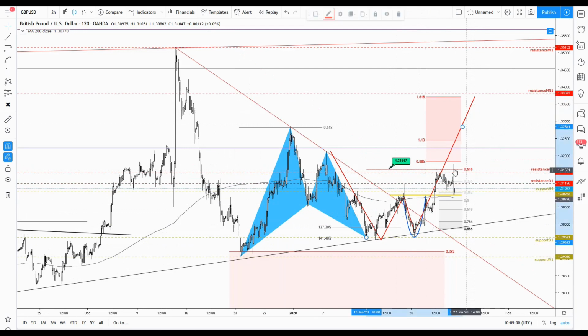Obviously, the second target being reached for the cable forces a trailing stop, in preference above break-even. Usually we put our stops at break-even at 38% Fibonacci, a few points below, and then if the price achieves the second target, we start to trail that position.